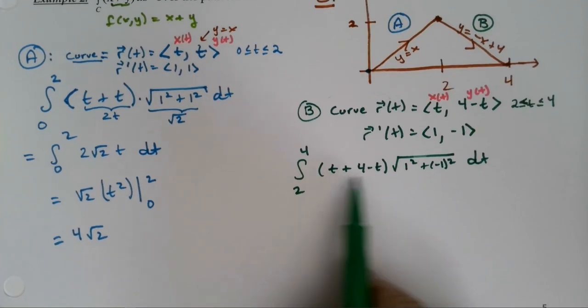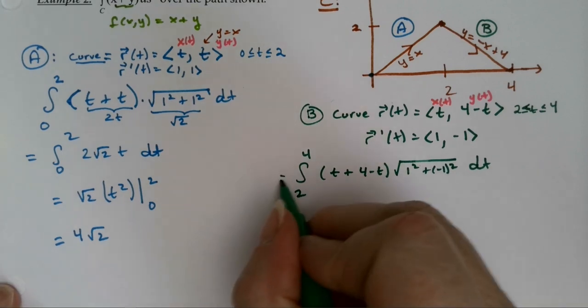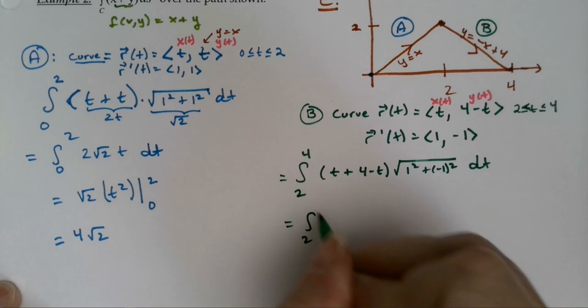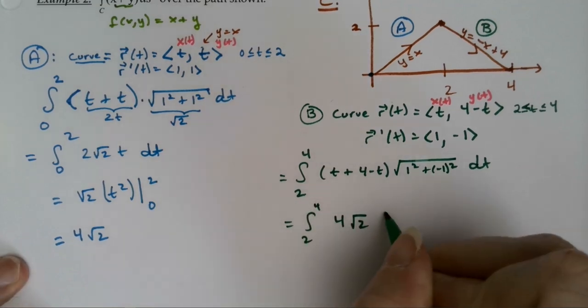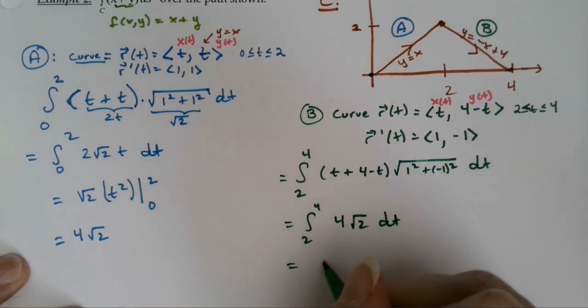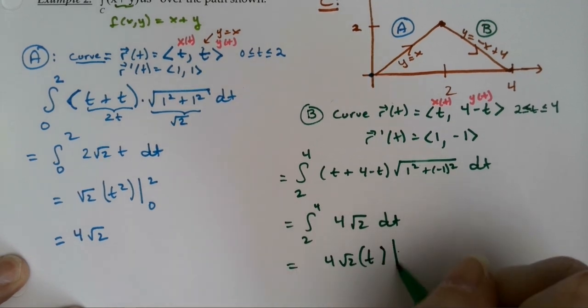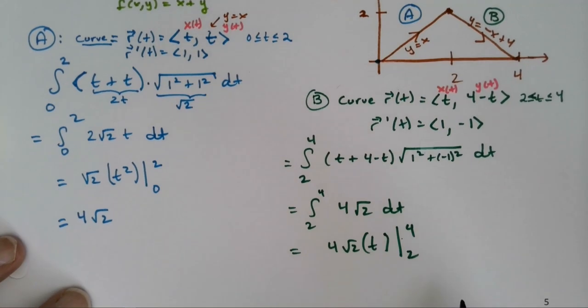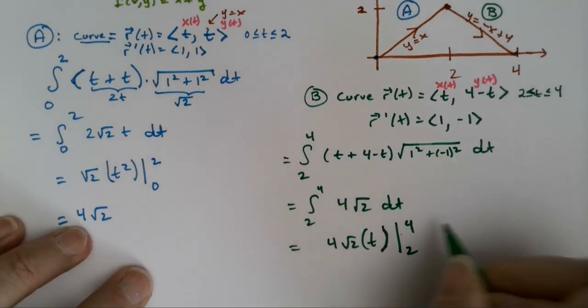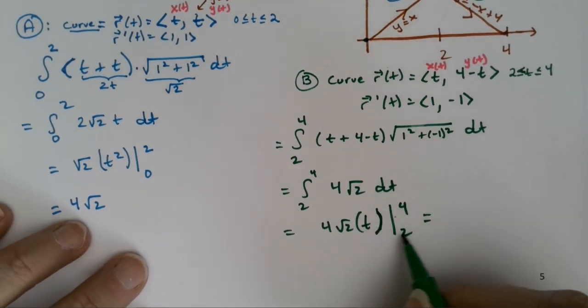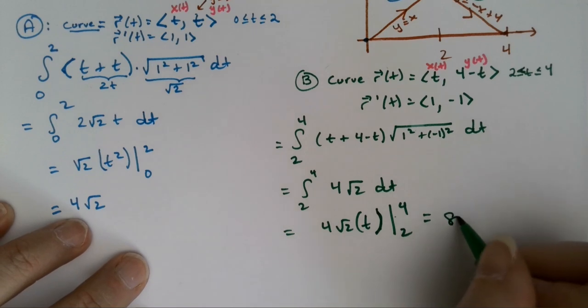Well, this is just 4, right? So I'm integrating from 2 to 4, 4 square root of 2 dt, which is 4 square root of 2 t, where the t goes from 2 to 4, which is 4 take away 2, which is 2. So this is 8 square root of 2.